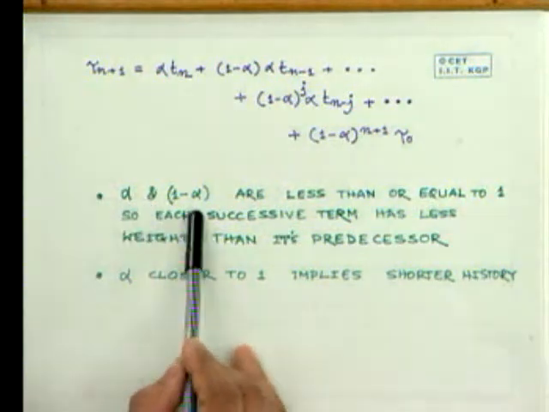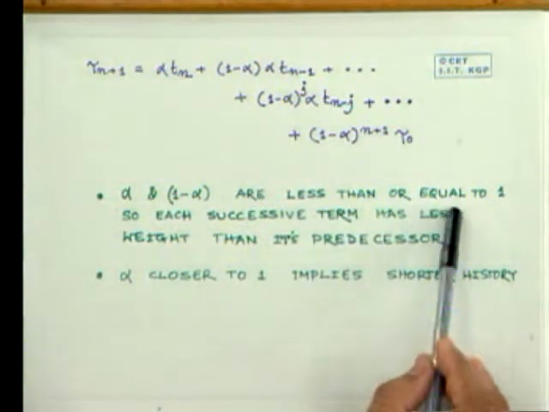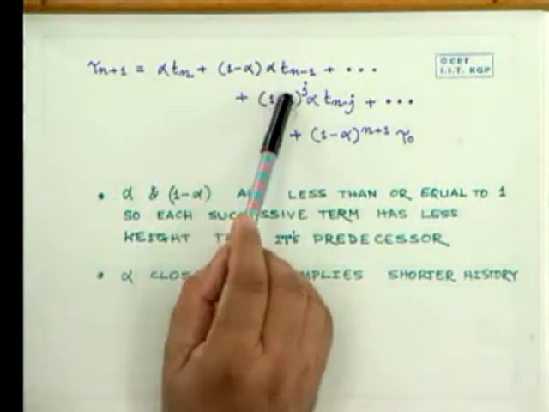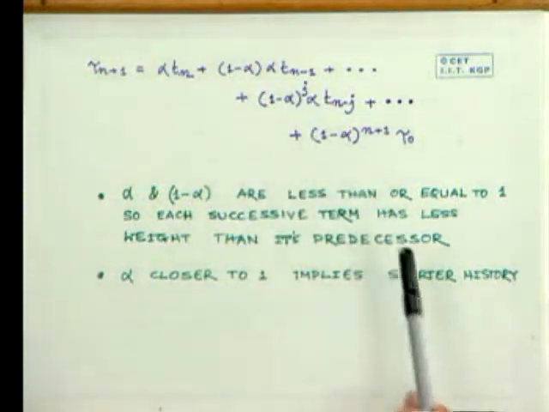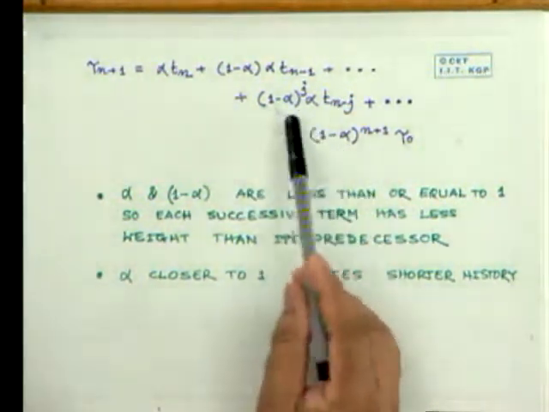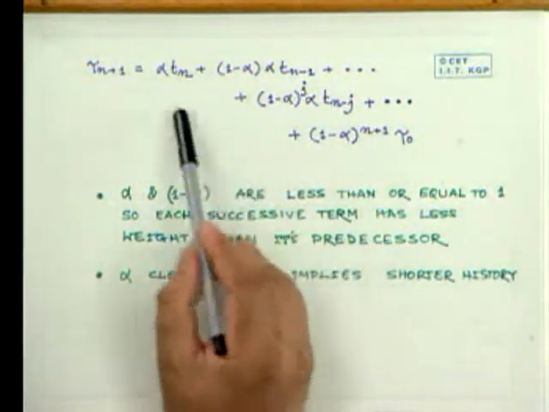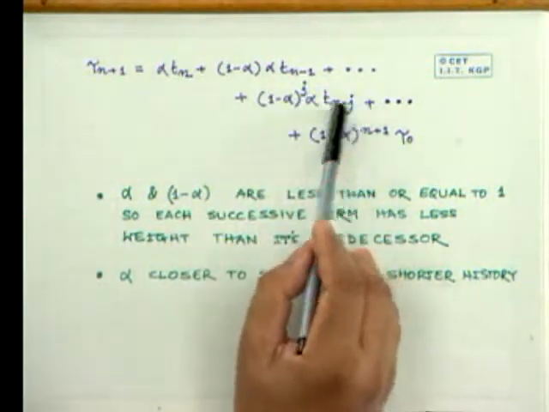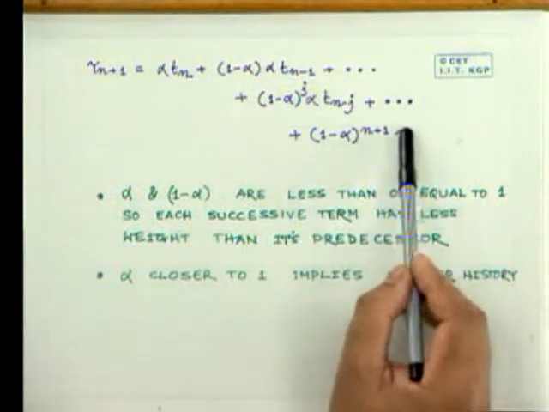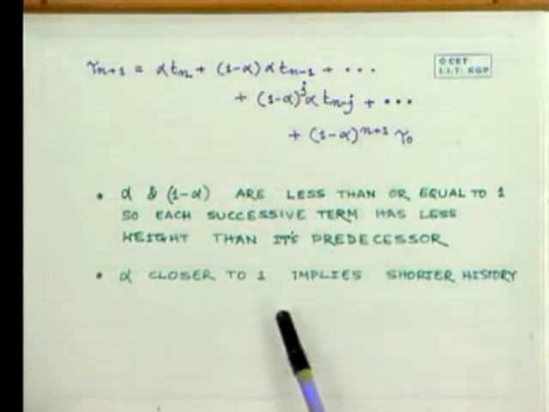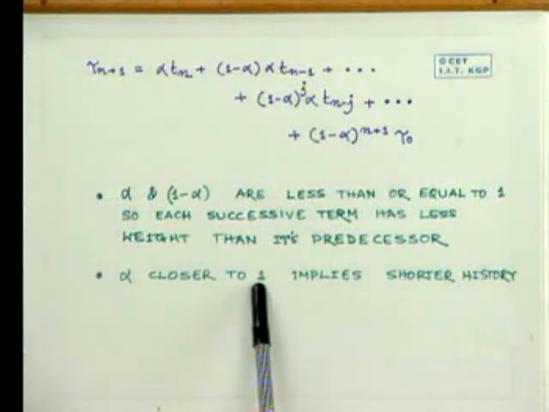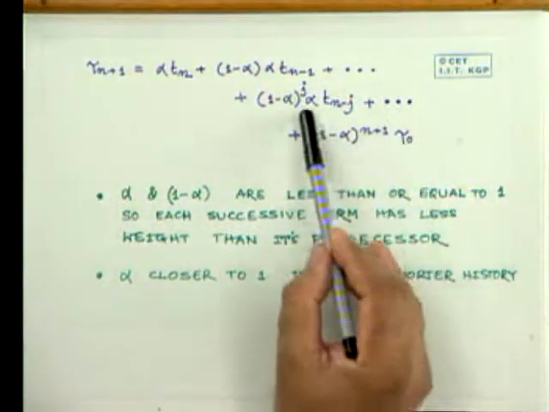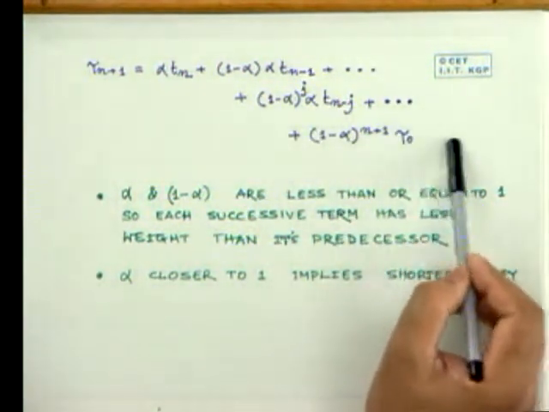Since alpha and 1 minus alpha are both less than or equal to 1, each successive term will have less weightage than its predecessor. Therefore, depending upon the value of alpha, how much importance we give to the past history can be determined. If alpha is closer to 1, we are going for a shorter history, as the later terms in the series will be more or less insignificant.